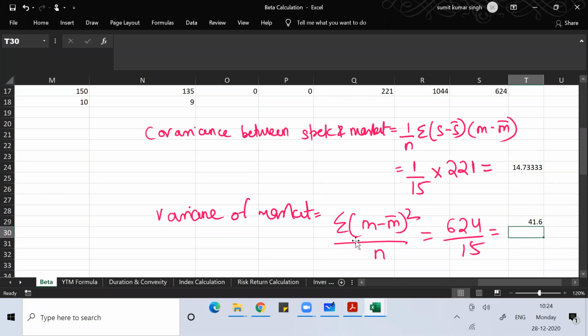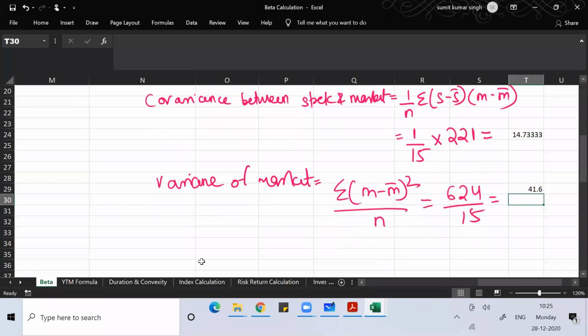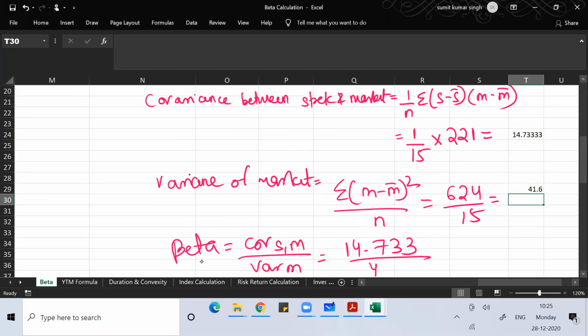Once you get this, you can find the beta. Beta is the covariance between stock and market divided by the variance of market, that is 14.7333 divided by 41.6.